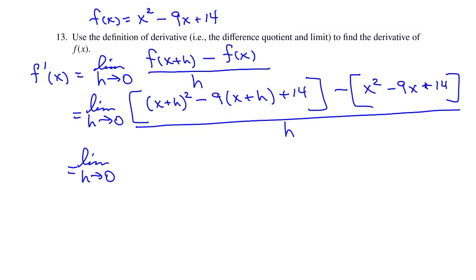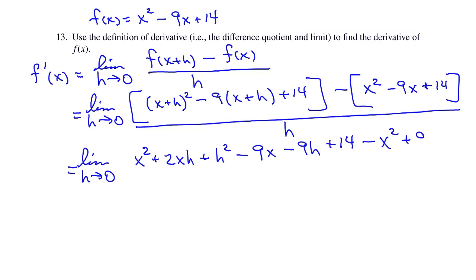Then we need to work out some of this. So x plus h squared is x squared plus 2xh plus h squared minus 9x minus 9h plus 14 minus x squared plus 9x minus 14 all over h.